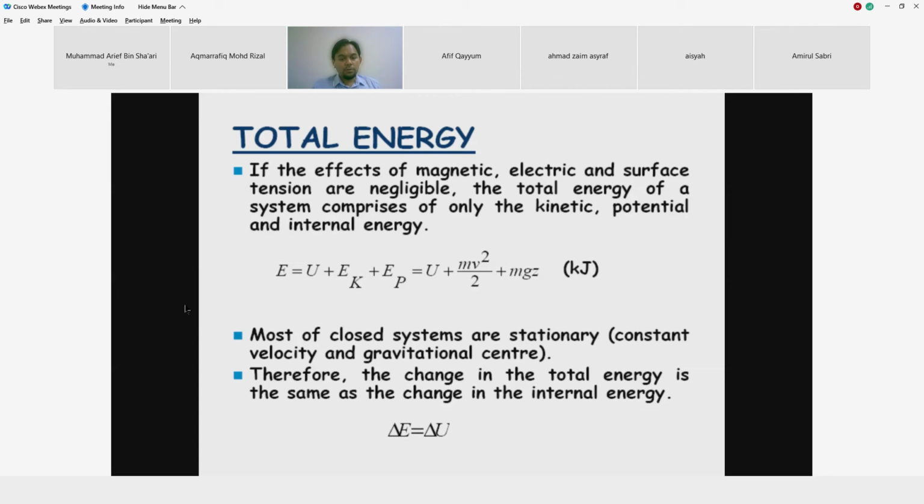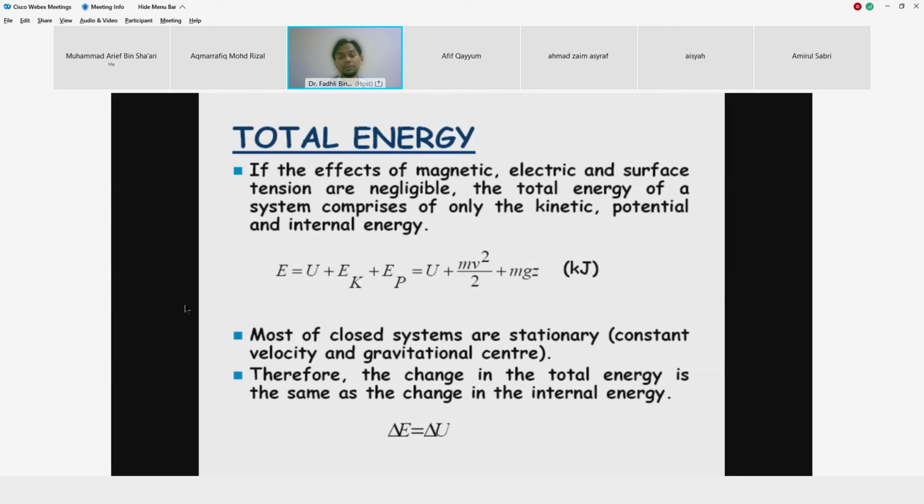Most closed systems are stationary. So now, if the system is closed, like a room with doors, the system is stationary. Stationary means constant velocity and gravitational center. So your system is static, or it's moving but the velocity is constant.